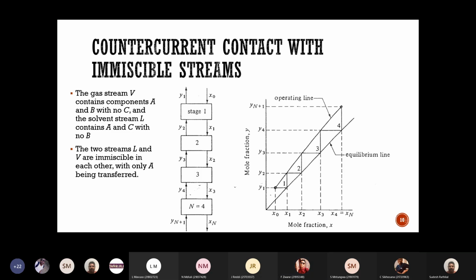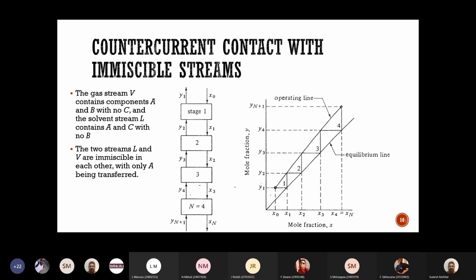If I put gas in at the top, it won't go down the column. Similarly, if I put liquid in at the bottom, all the liquid will do is flood each stage. So we put in the liquid from the top, and because it is heavier, it falls down due to gravity. We put in the gas from the bottom, and because of its lower density, it moves up the column.